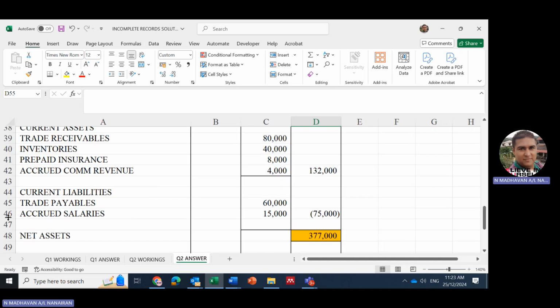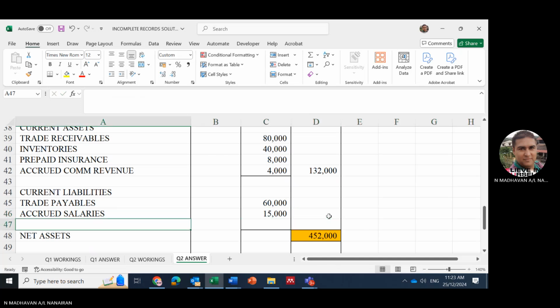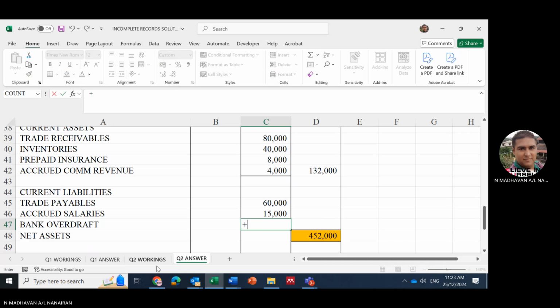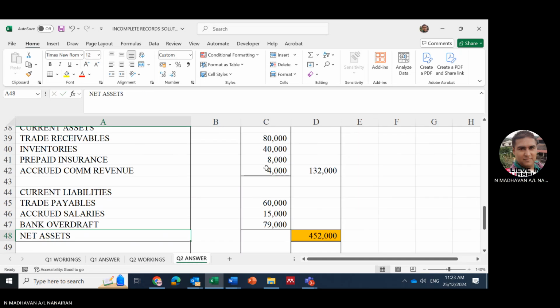Yes. Okay. No wonder. Bank overdraft. How much? 79,000.